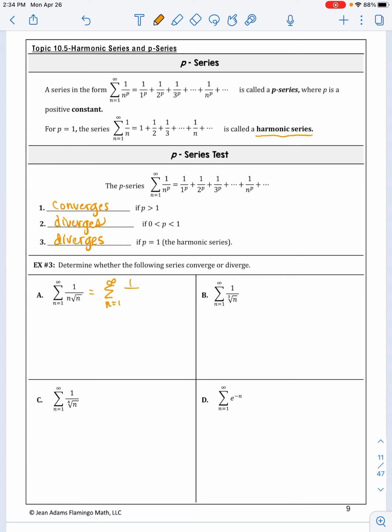So for example number 3, determine whether the following series converge or diverge. We are going to make this one the summation n equals 1 to infinity of 1 over n to the 3 halves. And P would be greater than 1. So by the P series test, the summation n equals 1 to infinity of 1 over n times the square root of n converges.